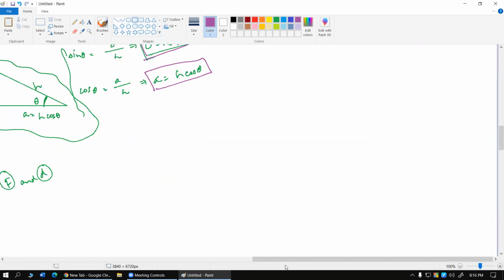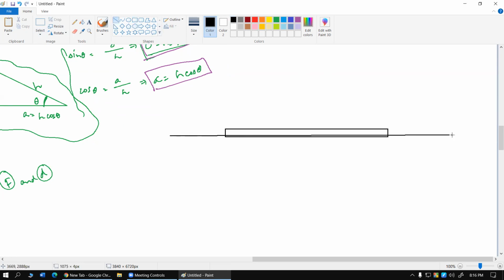Let's say we have this black rectangle. So let's say we have this scenario. This is our bar. This is the axis line of the bar. And let's say this is our pivot point.